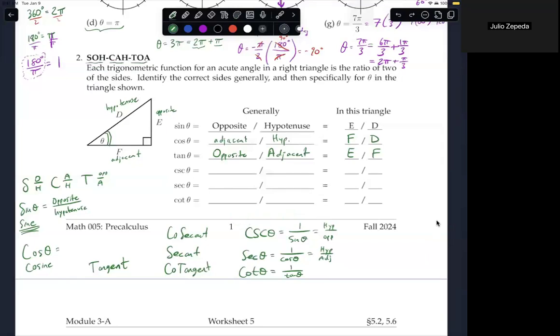So cotangent, and I always have to remind myself, is the reciprocal of tangent. Tangent says opposite over adjacent, so cotangent is adjacent over opposite.